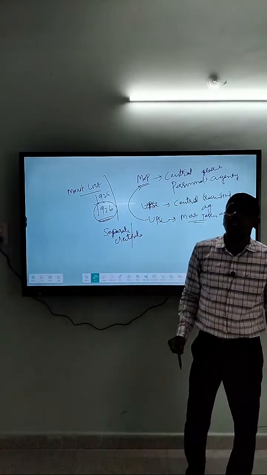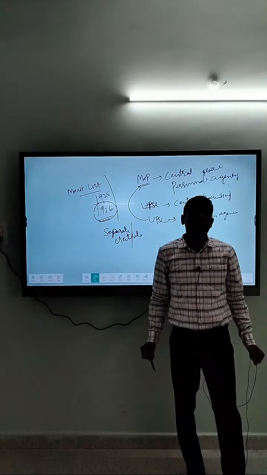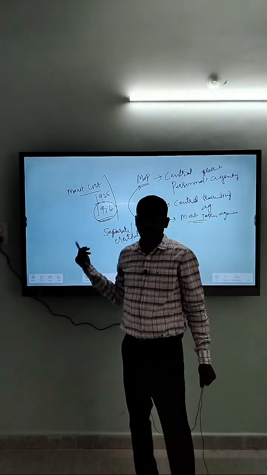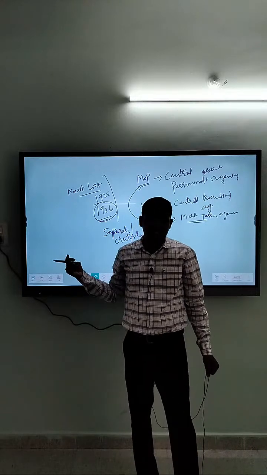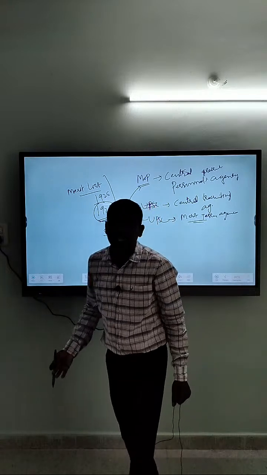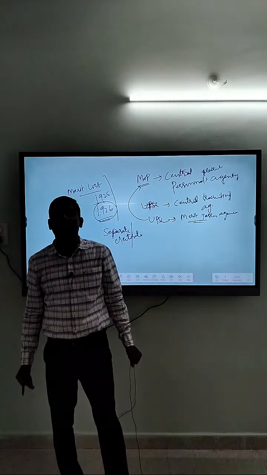The ambit of separate electorate was extended. Earlier it was given to Hindus and Muslims, but now it is given to Anglo-Indians, Christians and Sikhs. That is, other religions were also brought into the fold of separate electorate.